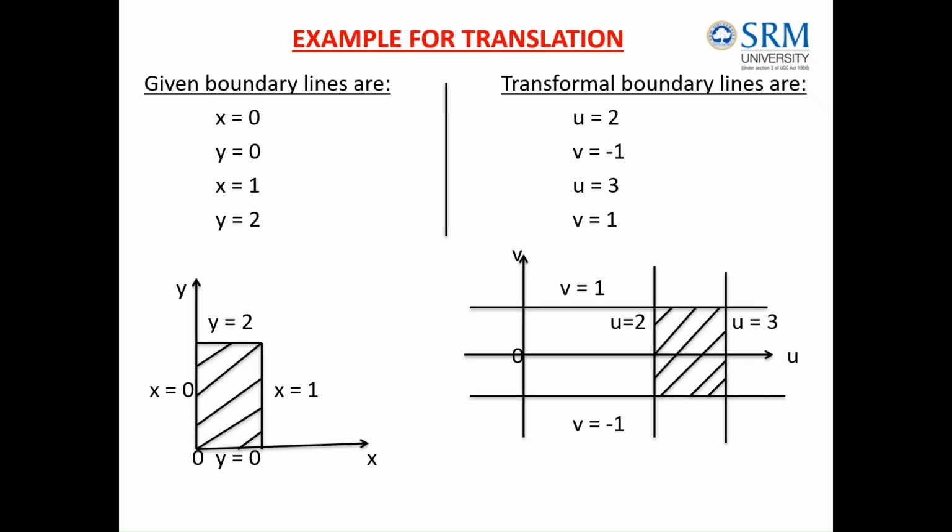Likewise, I will get the transformed boundary lines of the lines given in the problem. For x equal to 0, y equal to 0, x equal to 1, y equal to 2, I get the images u equal to 2, v equal to minus 1, u equal to 3, v equal to 1. So now we need to draw that and identify the region.